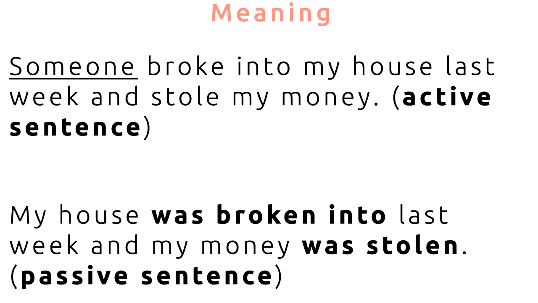That someone broke into the person's house. But if you look in the passive sentence below, there is no doer. There is no agent of the sentence. We've deleted someone and we've changed the structure so that we don't need the doer of the sentence.